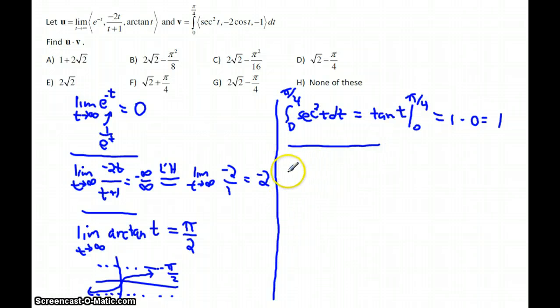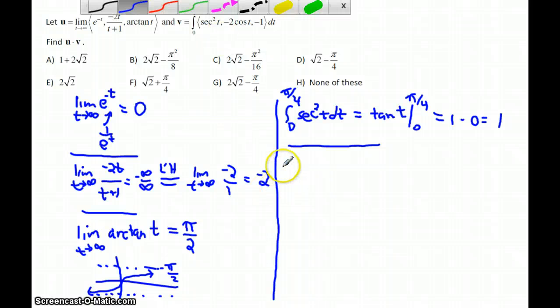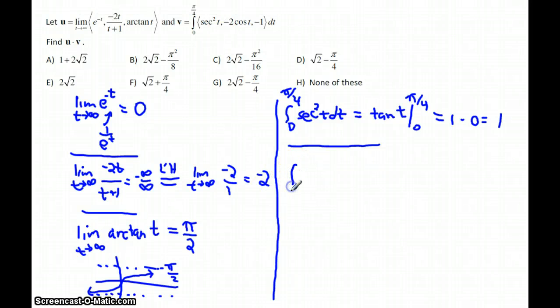Save ourselves some time. Next up, we're going to integrate negative 2 times the cosine of t. Well, I'm sorry, not limit, integral. Negative 2 times the cosine of t from 0 to pi over 4. What function has negative 2 cosine t as its derivative? It's going to be negative 2 sine of t.